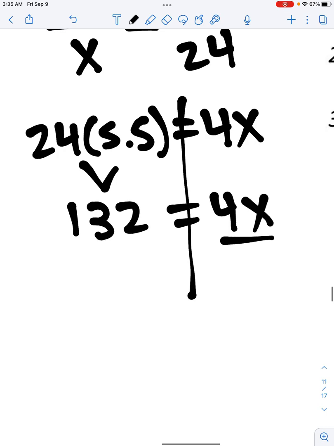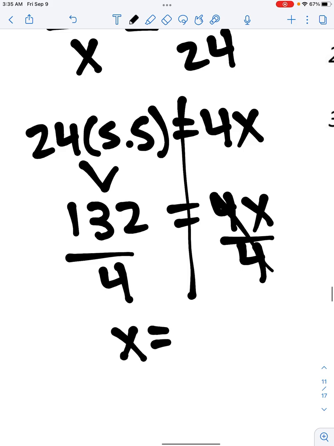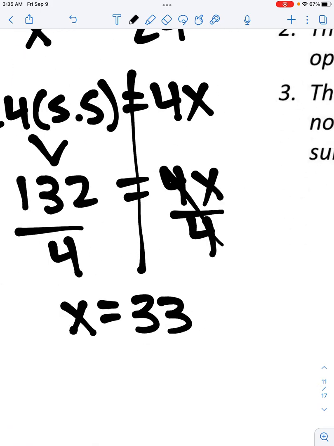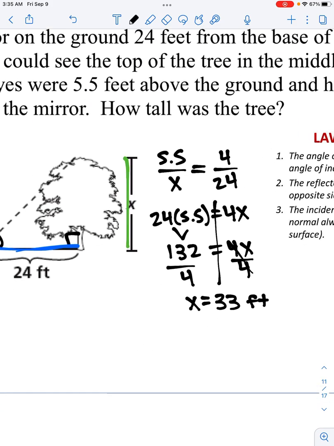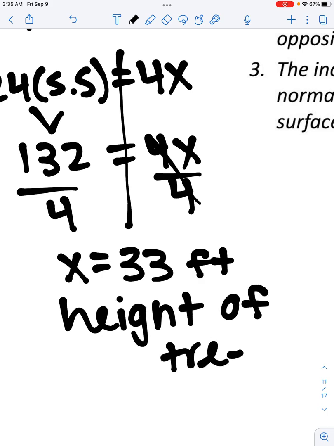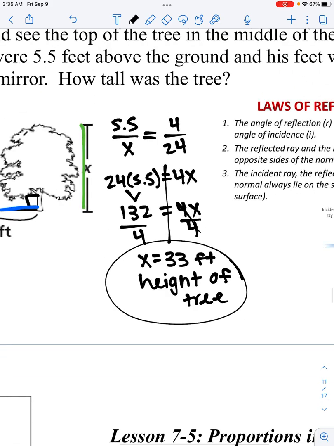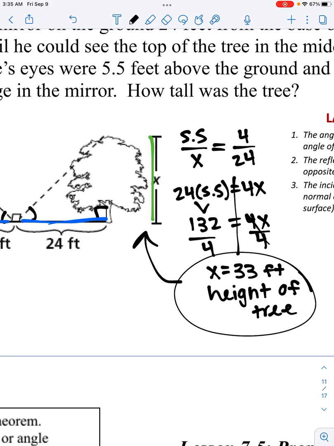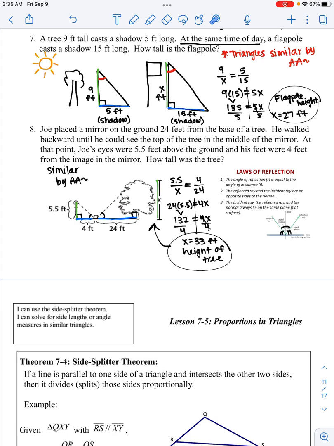And then dividing by 4 leaves us with 33 feet, and that is the height of the tree. And then again, we can plug that back in and verify the proportionality there.